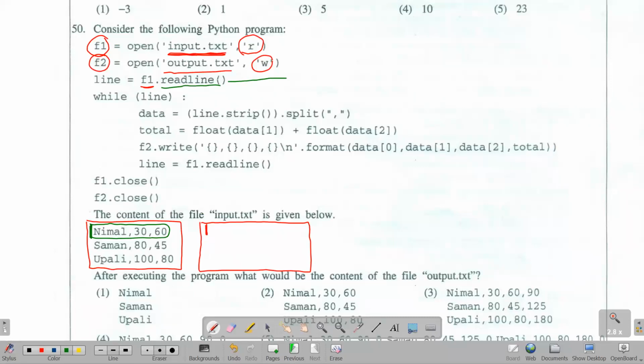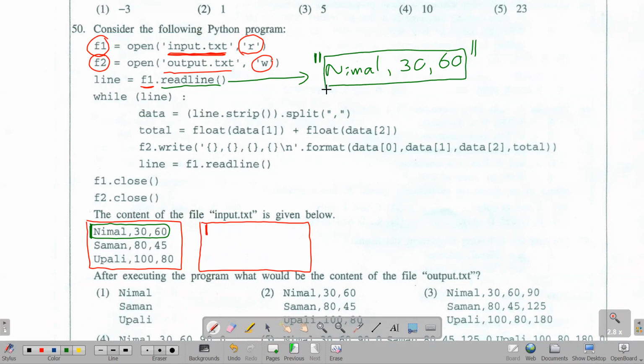So this line will give you something like this: Nimal, 30, 60. It's a big string, delimited by double quotes, or a single quote you can use. It's one big string.